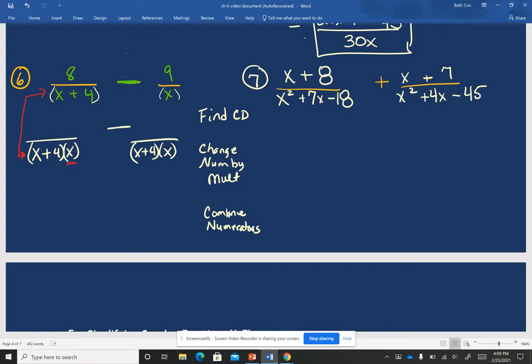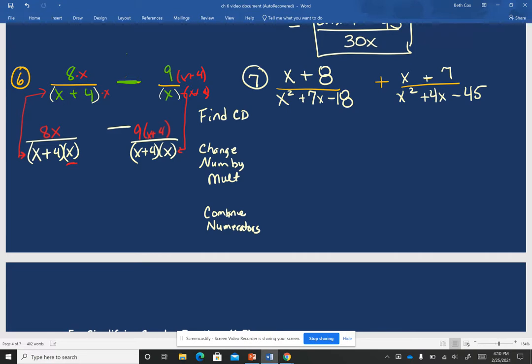So I'm going to multiply my numerator by x. So that'd be 8x. And then when I compare the old denominator with the new one, I'm missing an x plus 4. So I'm going to multiply my numerator by x plus 4.